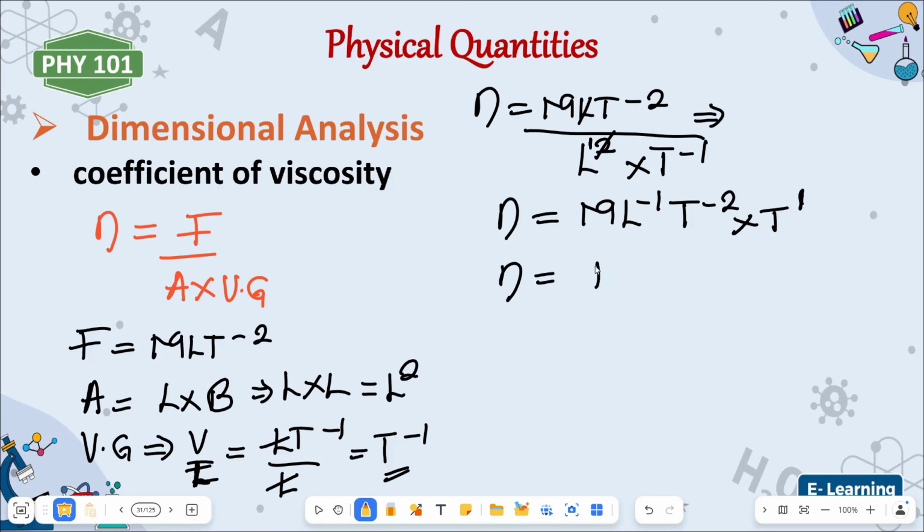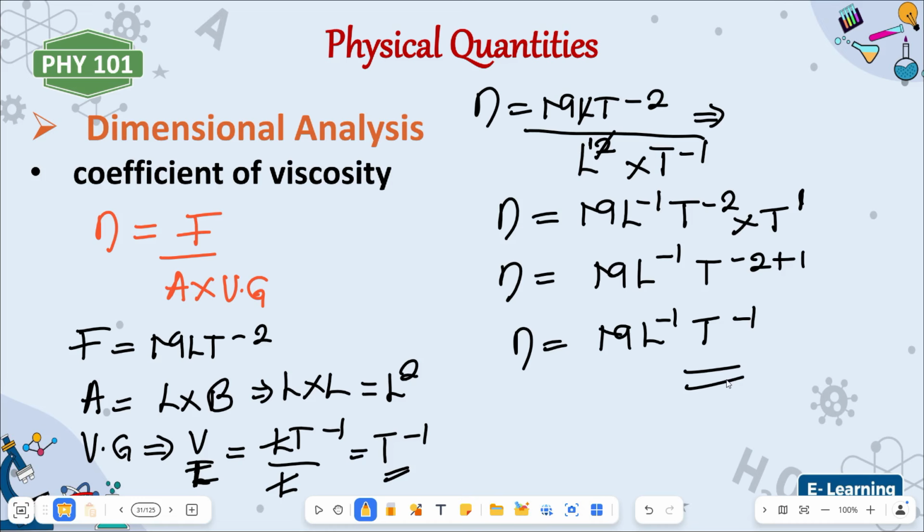So this will be equal to M L minus 1 T, then minus 2 plus 1 will give us minus 1. So this is the dimension for coefficient of viscosity.